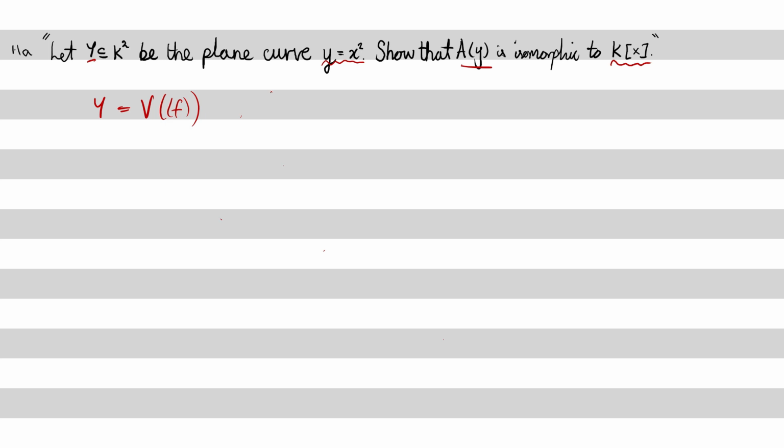So Y is defined to be the vanishing set of the ideal generated by f, where f equals y minus x squared, which is irreducible, and so this is prime, and so radical, as K[x, y] is a unique factorization domain.